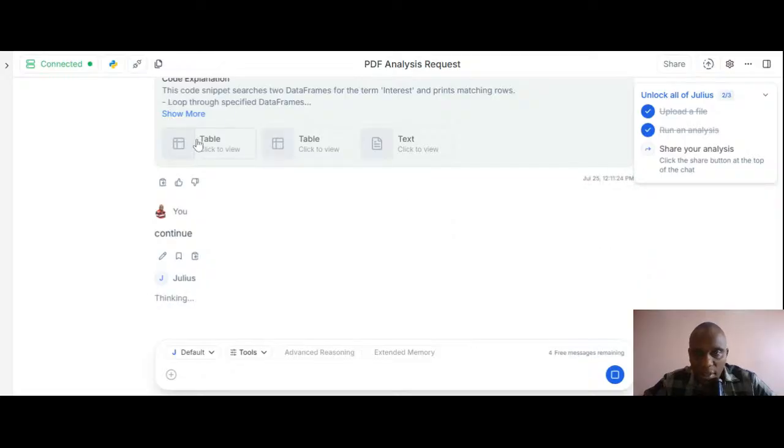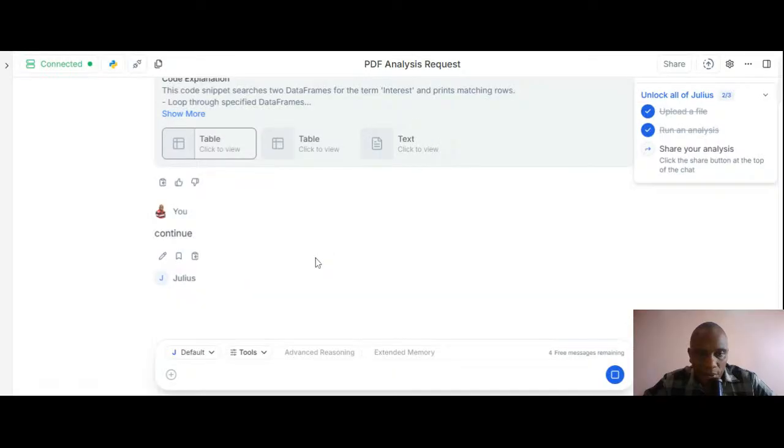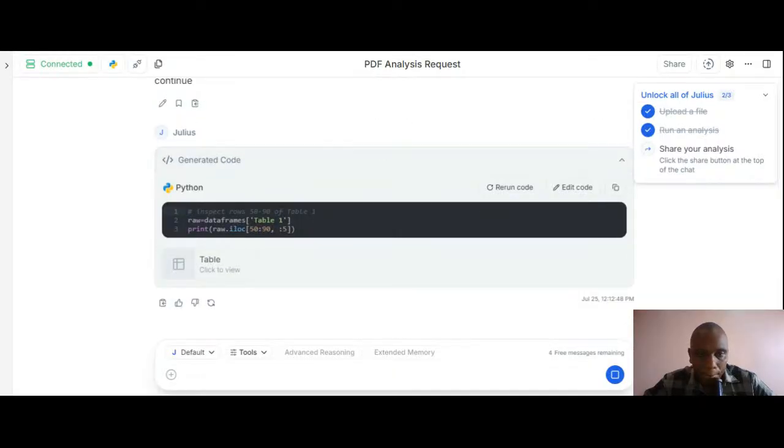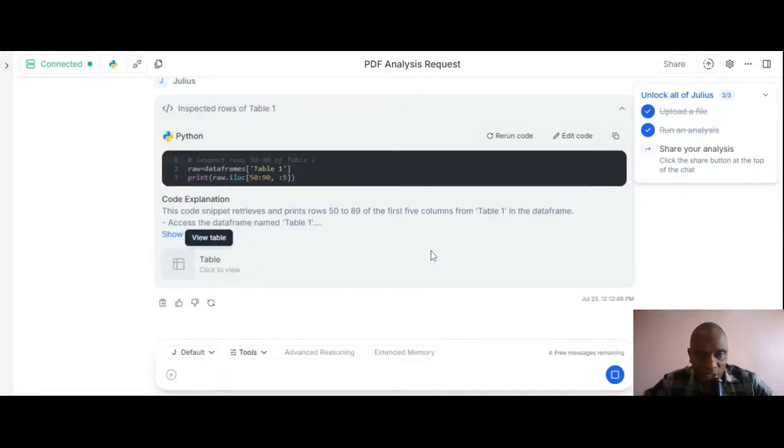So you have this table here. This is the interest, I think this is one that we had seen. The interest, the non-interest, net interest, and all that table. Then we have another table there. So retained earnings, all these are tables that are supposed to help in making that decision.